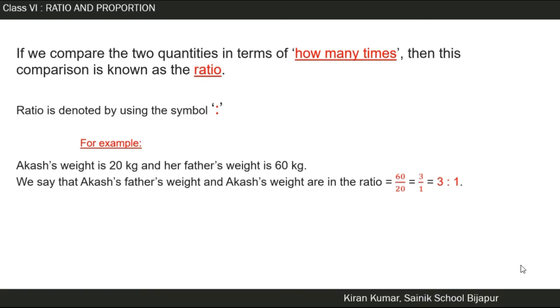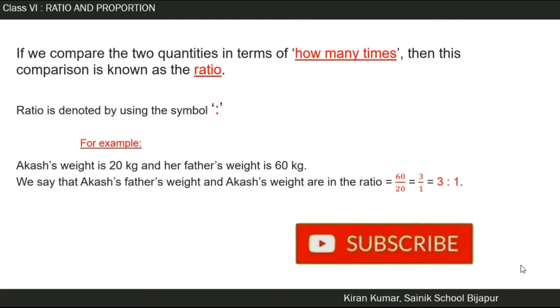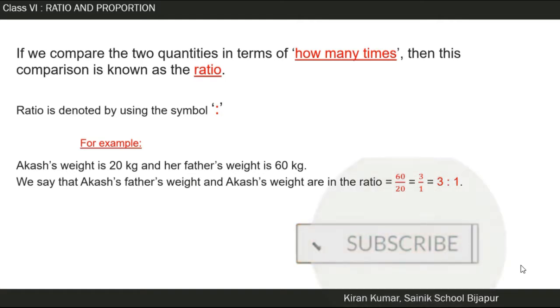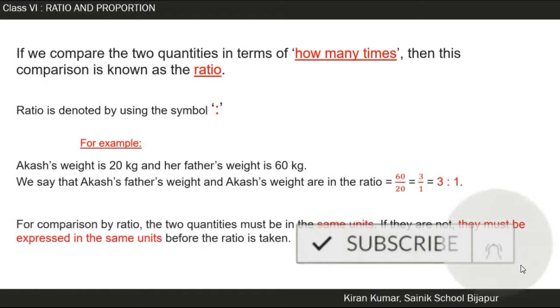For comparison by ratio, the two quantities must be in the same units. If they are not, they must be expressed in the same units before the ratio is taken.